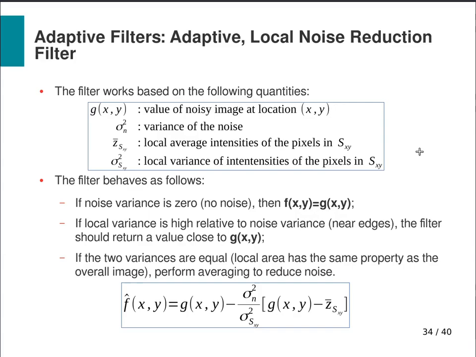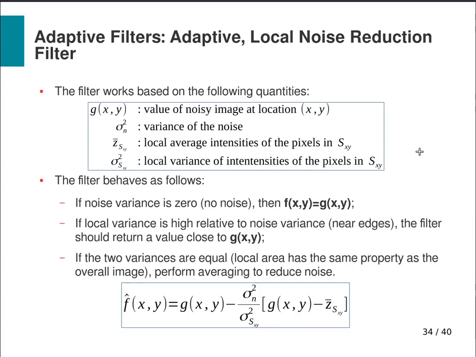So the behavior of the filter is intended to be like this. If the noise variance is 0, so basically if you don't have any noise in that neighborhood, then f of xy should be equal to g of xy. That is a trivial solution. If you don't have any noise, you don't have to do anything.